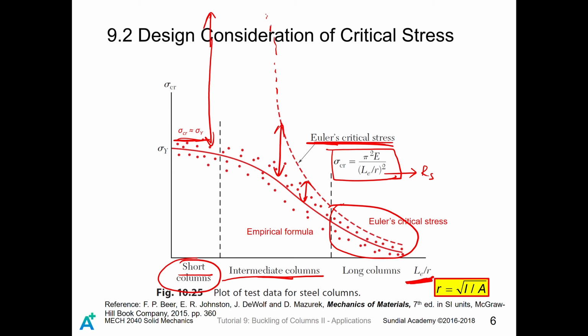So for short columns, we cannot overestimate the critical load by using this Euler continuous model because you have the material yield stress as the ultimate limitation. Once the material is going to yield, you cannot further give it any load, okay? Otherwise, the material will buckle as well.